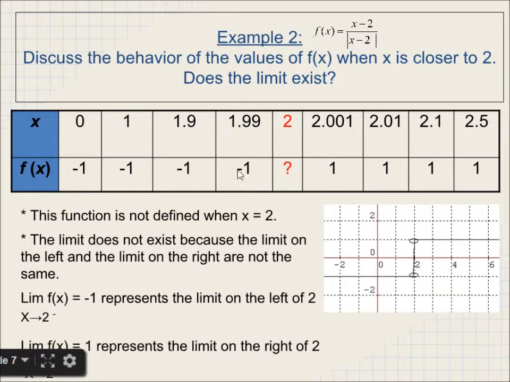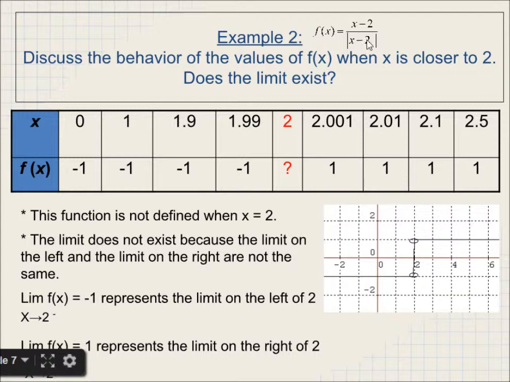Using the table method also, we took values less than 2 and greater than 2, and when we substitute these values, we see that the value comes as minus 1 here, and for 2.001 it's 1. So it's approaching nowhere. We cannot say it is approaching 0 or anything else, because between minus 1 and 1 there are lots of values. So we can say that it's not defined.